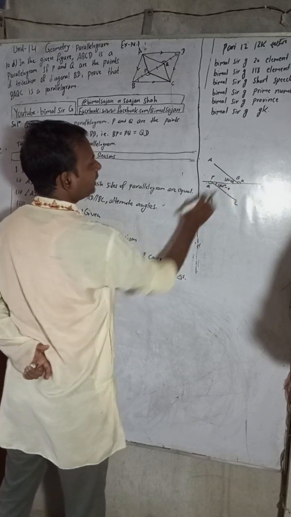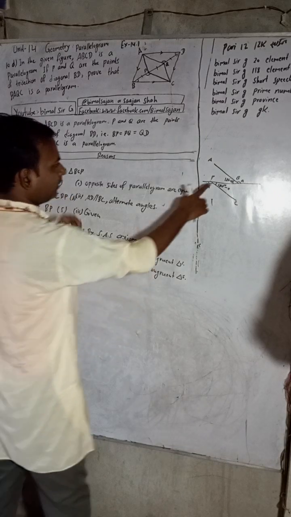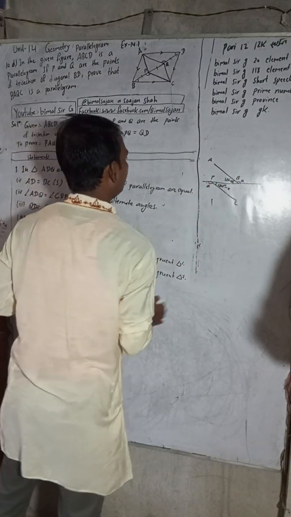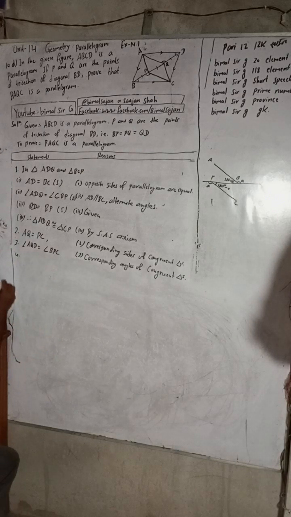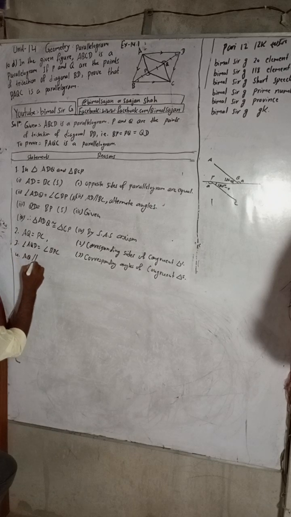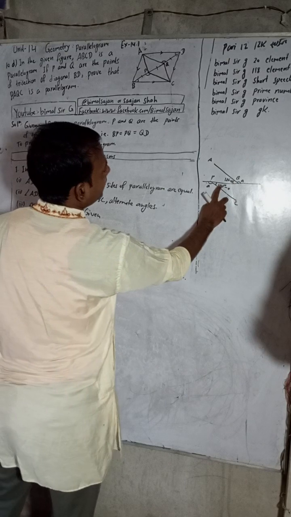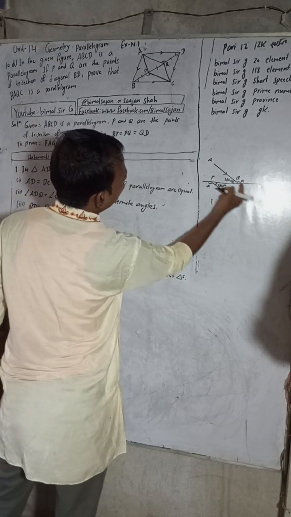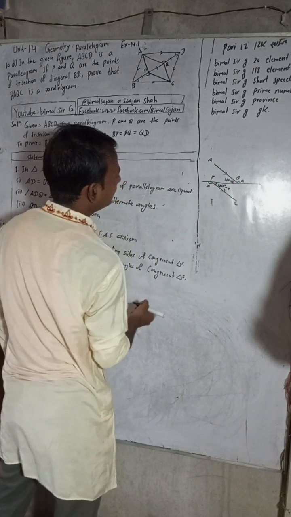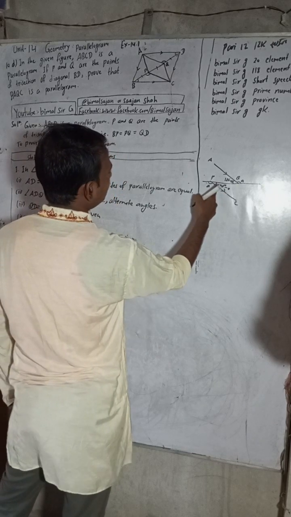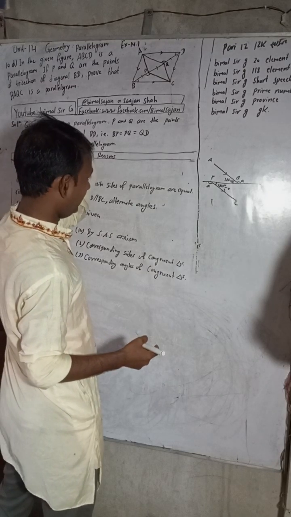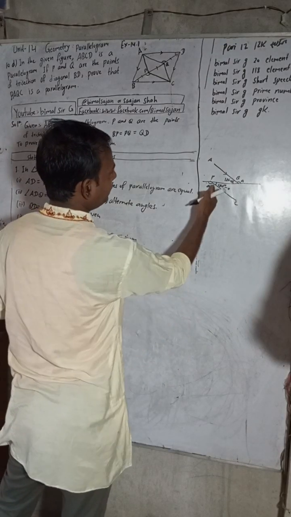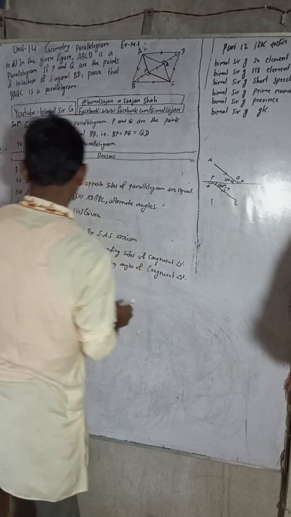So this angle is equal to this angle, alternate angles. Therefore, AQ is parallel to PC. If this angle is equal to this angle, then we can say the lines are parallel. Why? Because these are alternate interior angles.